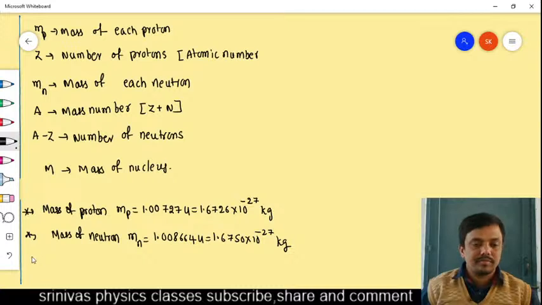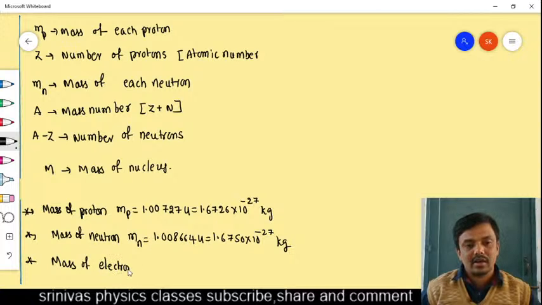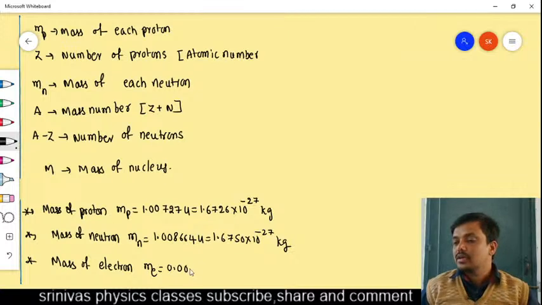And the next, mass of electron. What is the mass of electron? In AMUs it is 0.00000055 u.